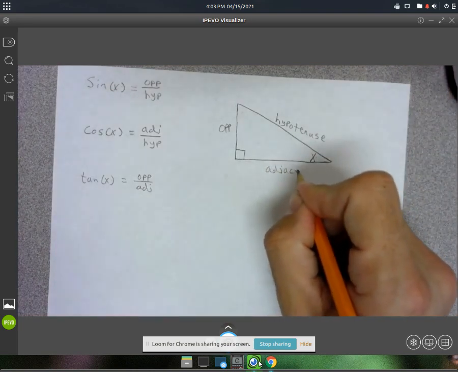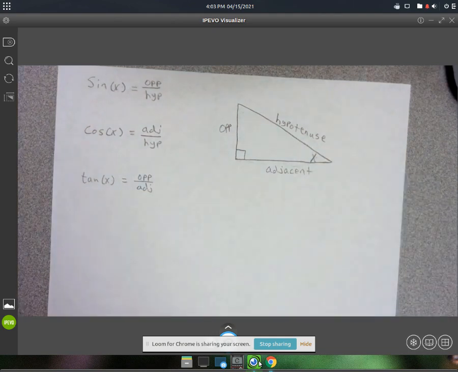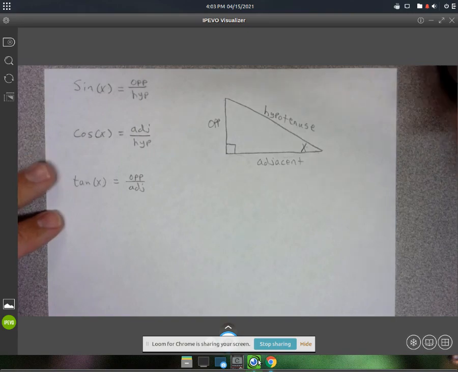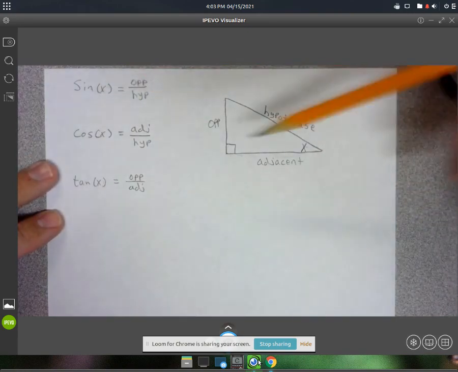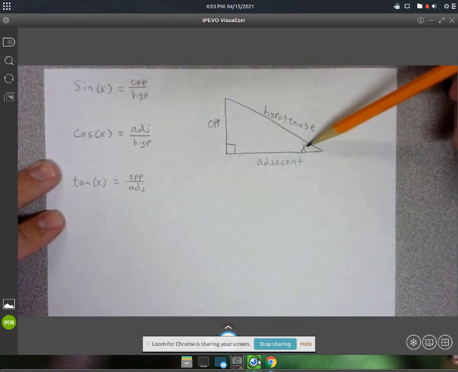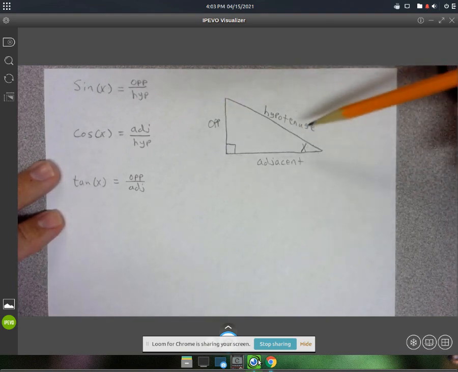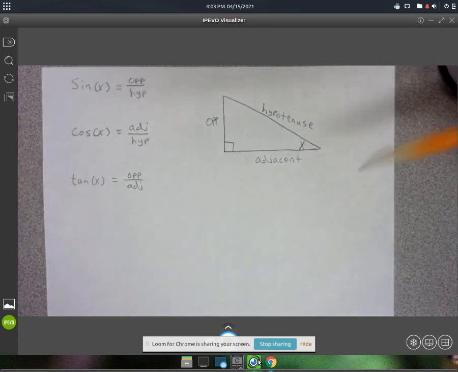Adjacent just means connected, and you obviously know what opposite means. So whenever I say sine of x, I'm talking about the ratio, or the division, of the opposite over the hypotenuse. So it's always going to be the same ratio.